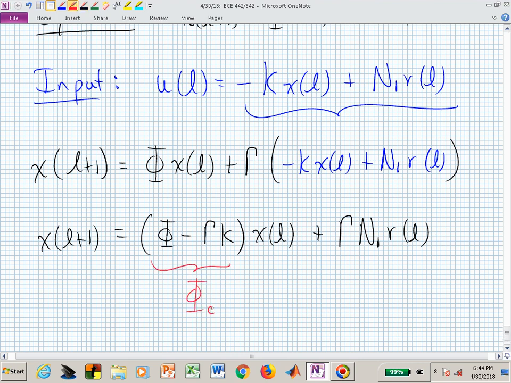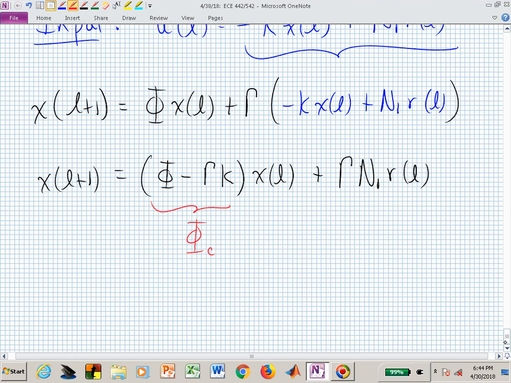There's how our system behaves, through phi sub c, and telling us where to go is influenced by N sub 1. That now scales how we inject that reference input into our system. And our output equation hasn't been changed. y of k is now equal to H x of k.